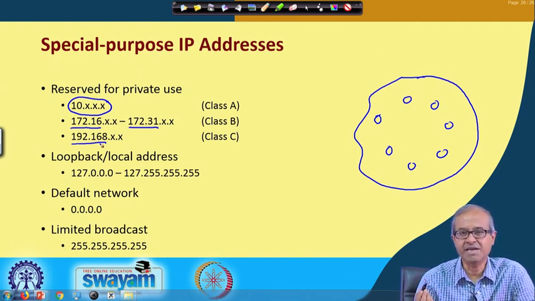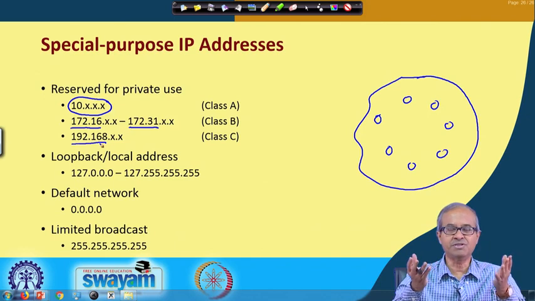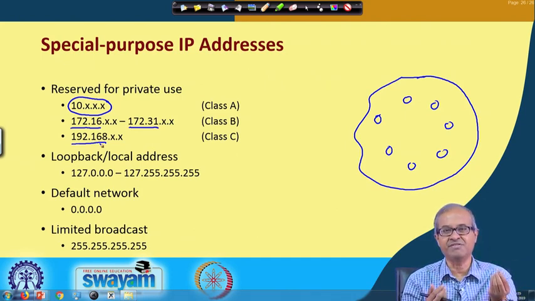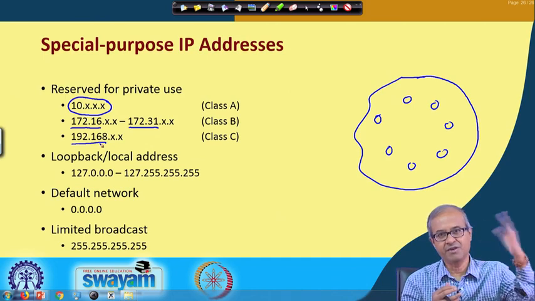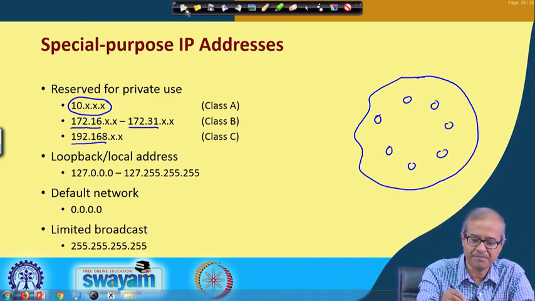There are many cases where you use private addresses inside your organization, but when you are going out of the organization, you use a network address translator or some kind of address translation mechanism to get a unique address, or a proxy server, to access the outside world. This is how it works. Okay? All right.